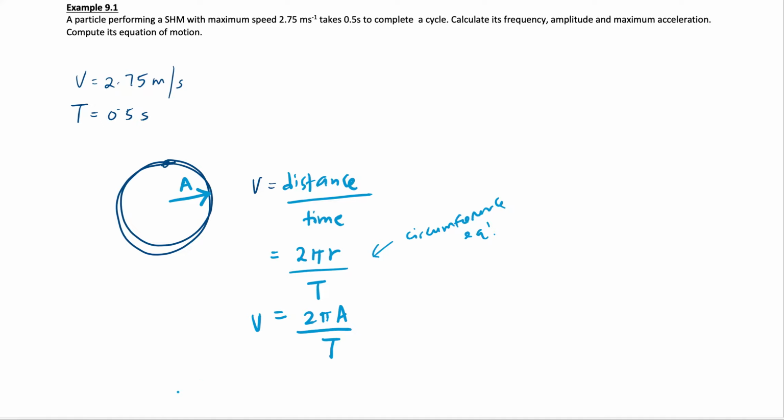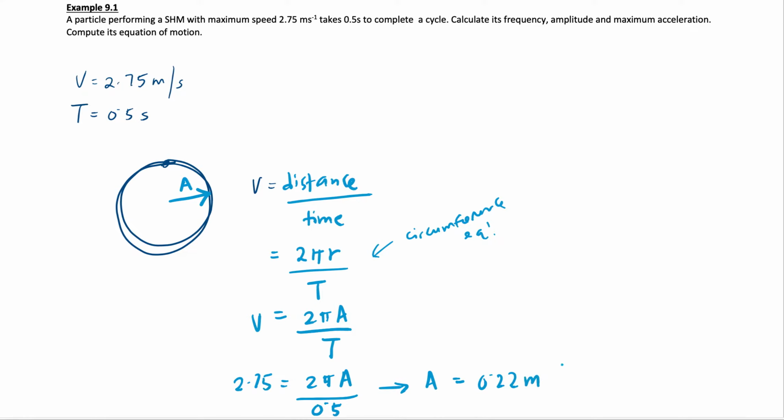We have the v, 2.75, and we want to know what is the A. T is 0.5, so this gives me A of 0.22 meters.